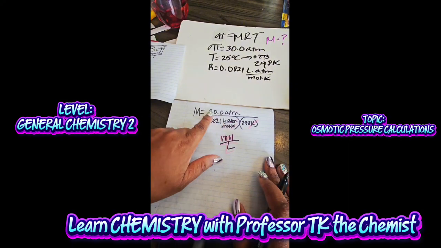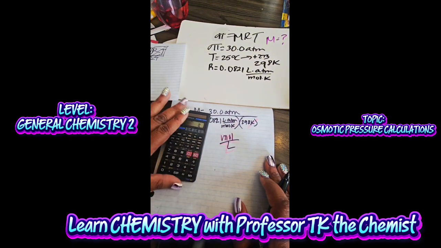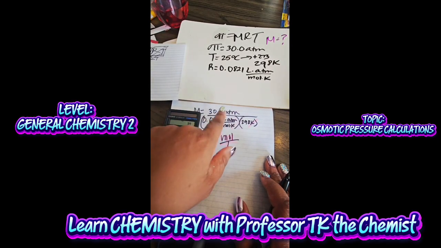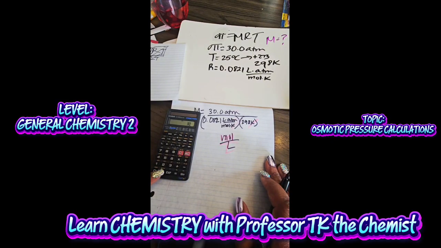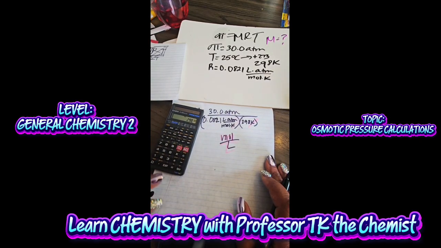So now we can go ahead and plug this into our calculator. We've got 30.0 divided by 0.0821, and then divide that again by 298.